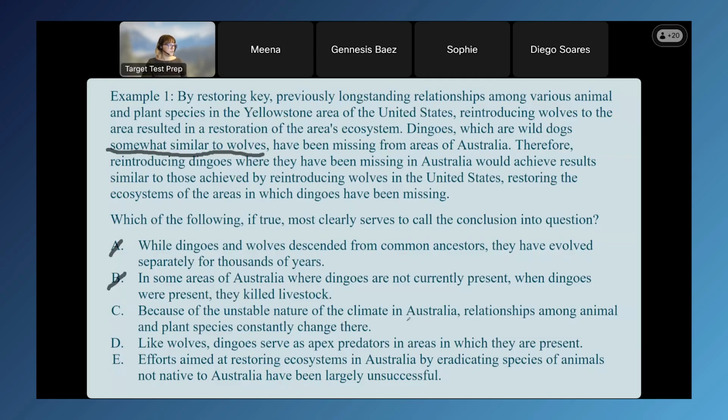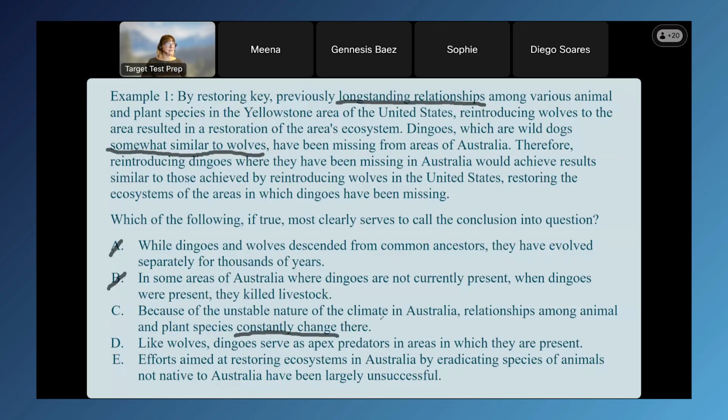C, because of the unstable nature of the climate in Australia, relationships among animals and plant species constantly change there. So, in Yellowstone, the relationships are long-standing, long-standing relationships among various animal and plant species. But in Australia, that doesn't seem to be the case. The relationships constantly change. So what this choice is saying is, hey, this comparison between Yellowstone in the United States and these areas in Australia might not be super valid.